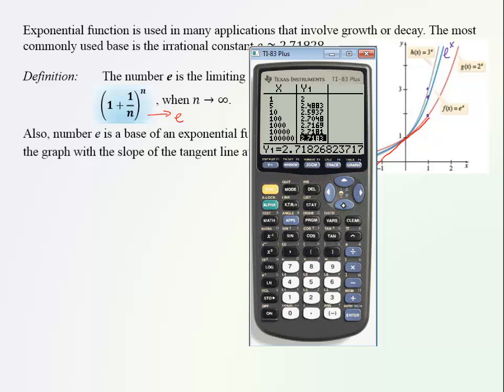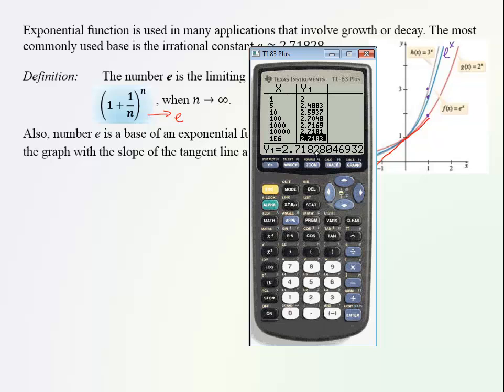Obviously, we can go even farther and check one with 6 zeros. As you see, the first four digits don't change. They already stabilize. But to see farther digits, we should highlight this number and then observe what's going on.